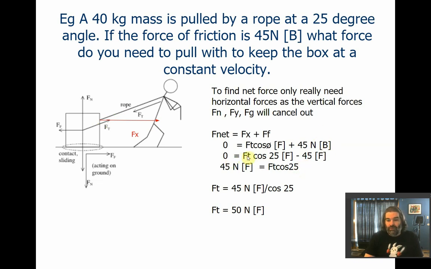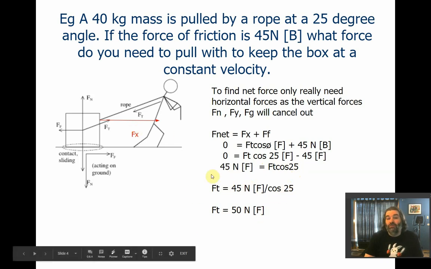So 0 equals Ft cos 25, and the friction will be minus 45 forward, so we have everything in the same direction and we can add these two vectors. Bring that across: 45 newtons forward is Ft times cos 25. Cos isn't a special number, it's just a decimal, so you can divide it. So the tension force is 45 newtons forward divided by the cosine of 25, which is 50 newtons forward.